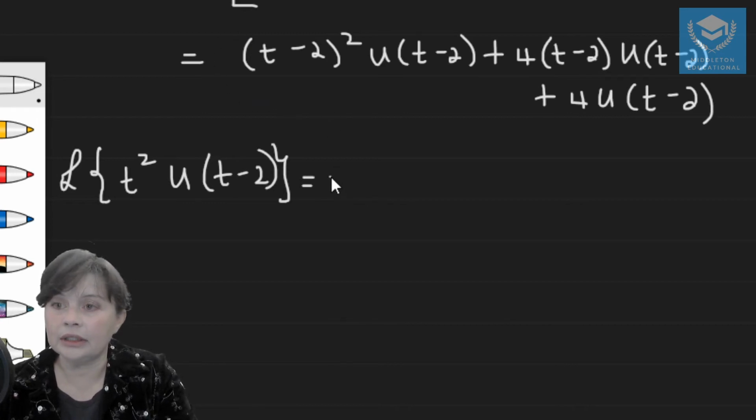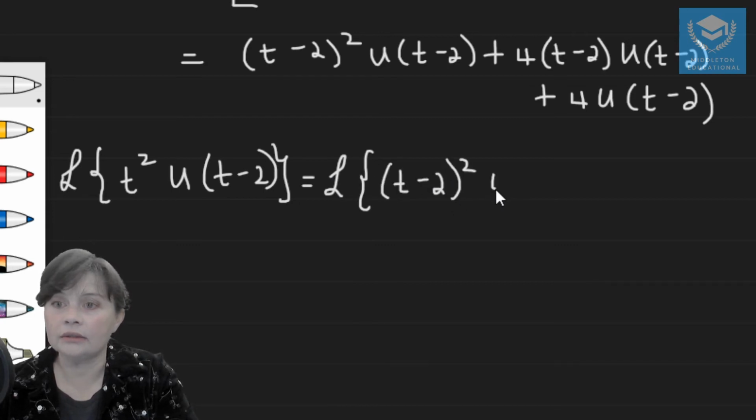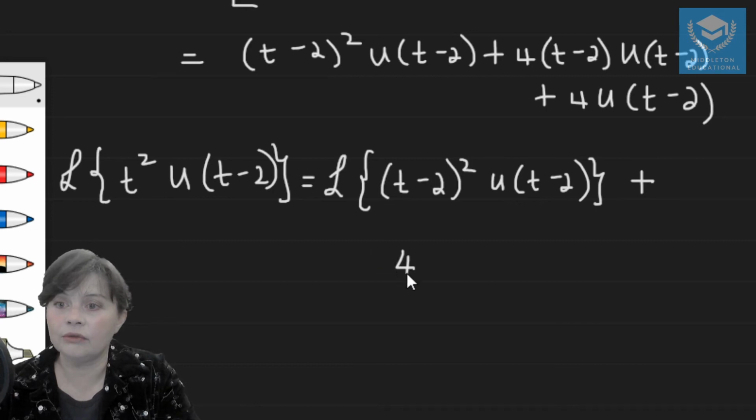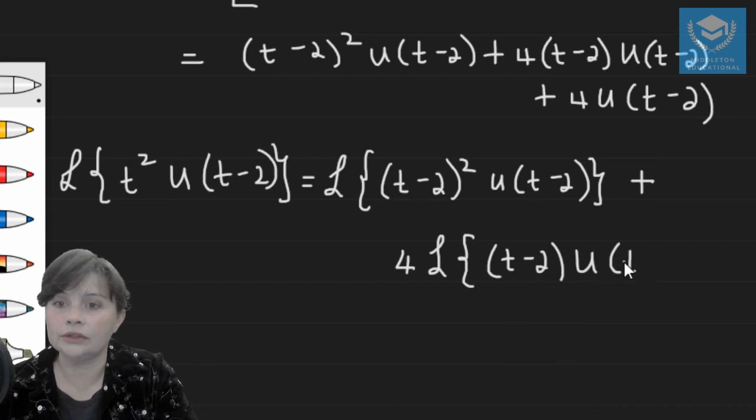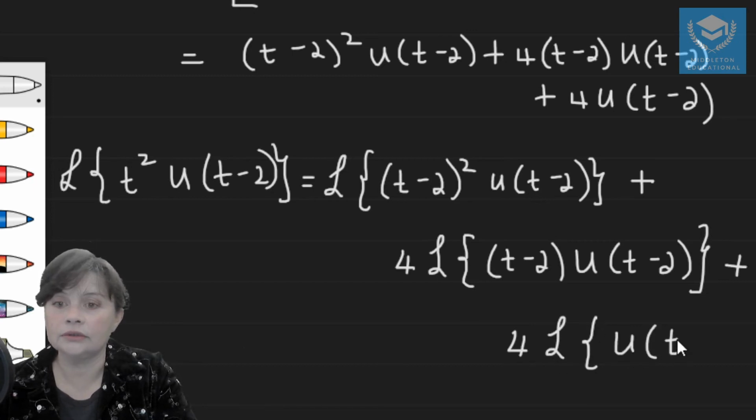So it will be the transform of t minus 2 squared u of t minus 2, plus 4 times the transform of t minus 2 u of t minus 2, plus 4 times the transform of u of t minus 2.